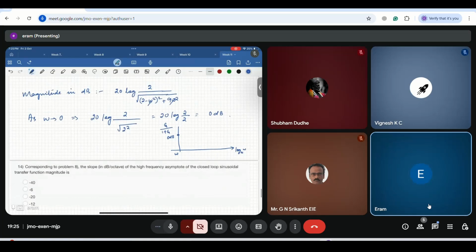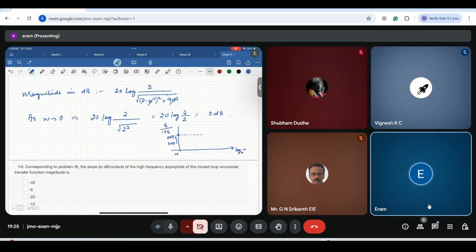The cutoff frequency is calculated where the magnitude of the closed loop transfer function is 3 dB lower than the initial frequency value.